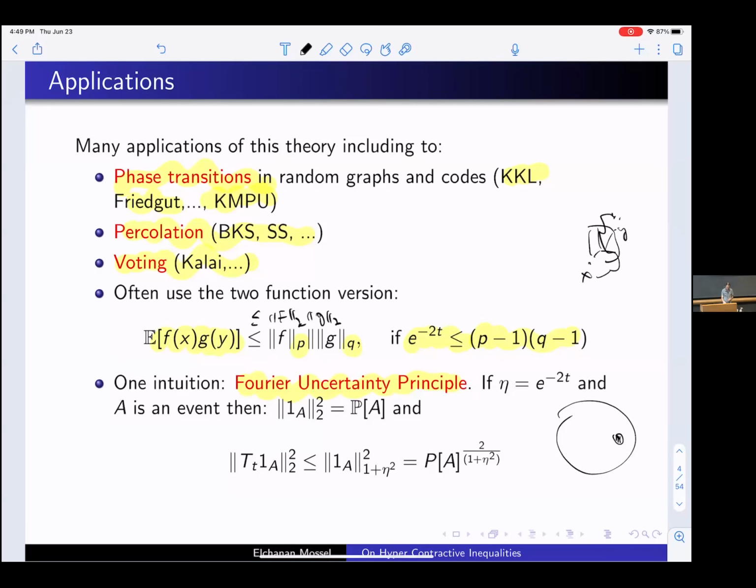You can easily see that the L2 norm of the indicator of the set is exactly the probability of the set. And when you apply this hypercontractive inequality, you get this inequality. If you apply this averaging operator on this indicator, you get something that, when P of A is small, is much smaller. Now instead of having the probability of the set, we have a power of the probability of the set that's bigger than 1.